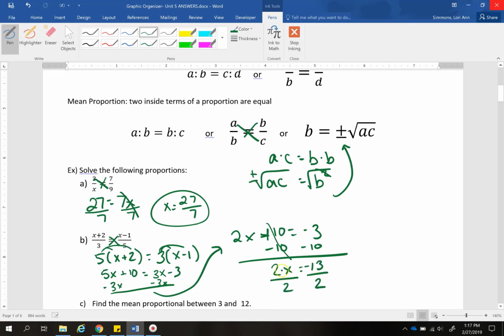Divide by 2 because 2 times x is multiplication, so the opposite of that is division. 2 divided by 2 is 1. We never write 1x, we just write x is negative 13 over 2. You could plug these values back in for x, and the left-hand side of the equation will equal the right-hand side of the equation.